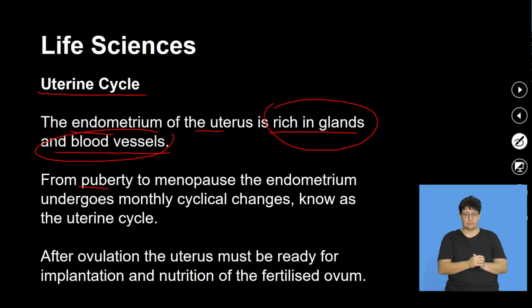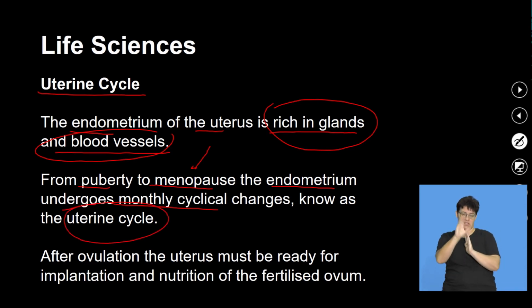So from puberty to menopause, that's a period in the female reproductive system, their lifespan, where they stop producing eggs, we find that the endometrium undergoes a monthly cyclic change, and this is known as the uterine cycle. So the events that occur on a cyclic basis in the uterus are referred to as the uterine cycle.